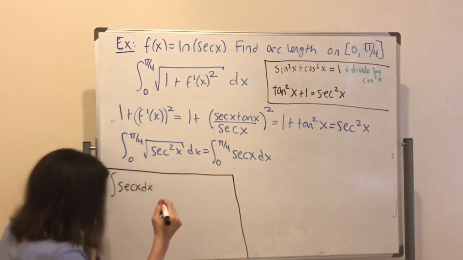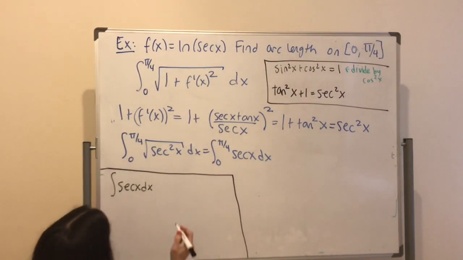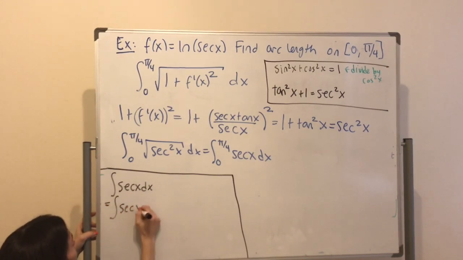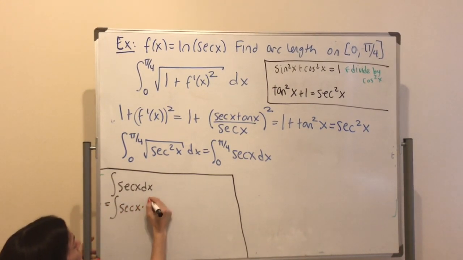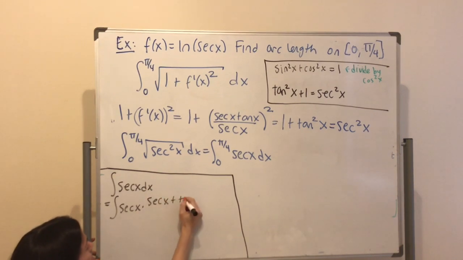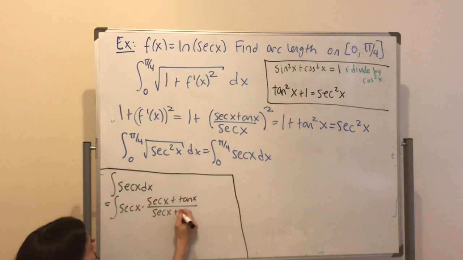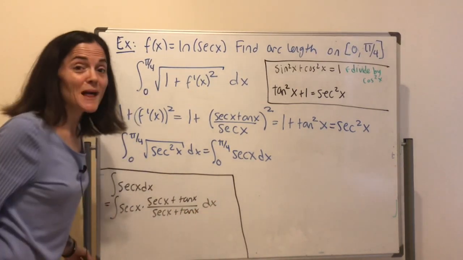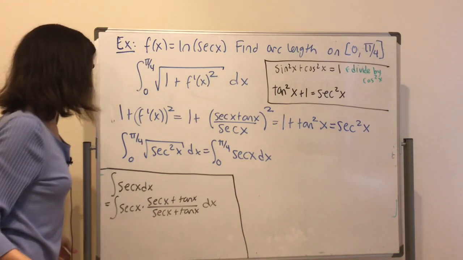Now, I am going to do this with a trick. I am going to multiply by 1 of the form secant x plus tangent x over secant x plus tangent x. When I multiply by 1, I have not changed anything.